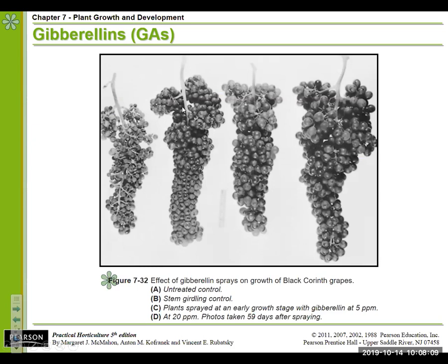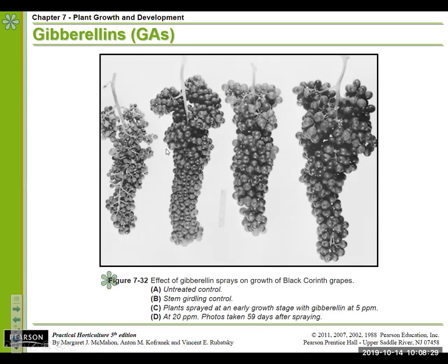Note, though, that we also have this stem girdling process in the second one from the left, and that's kind of doing the same thing because it's inhibiting different hormones from actually getting to that.